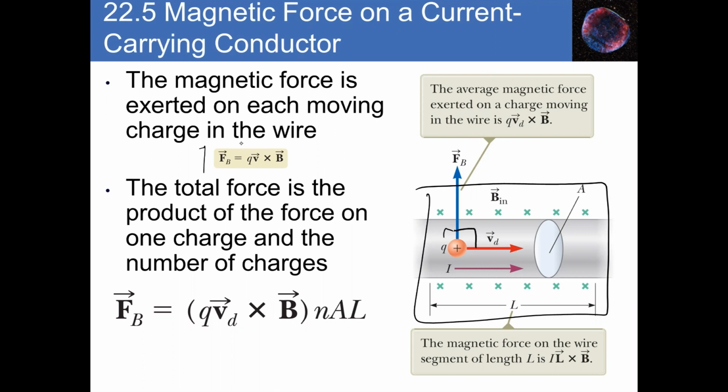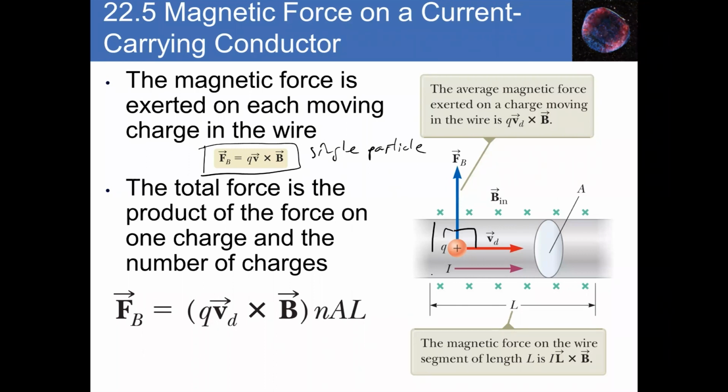Remember, this is the equation for a single particle. And what we have here is a collection of particles. So for example, since this is the region where there's a magnetic field, I can look at a volume of interest where the charges are moving, and this kind of represents that volume.